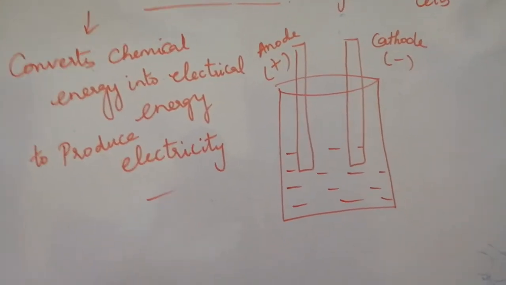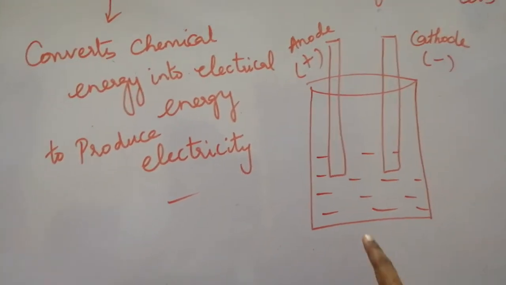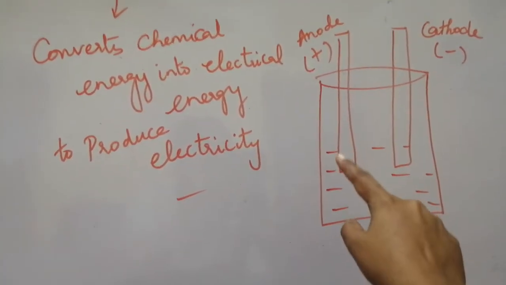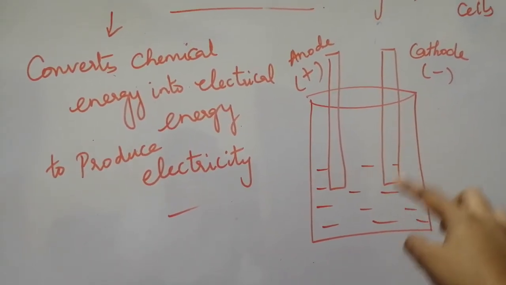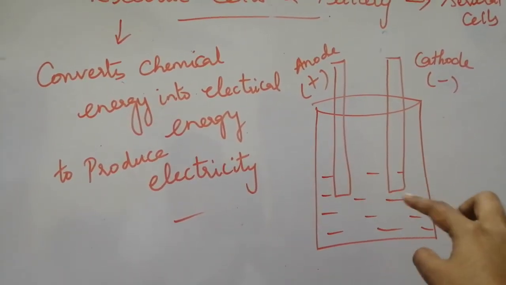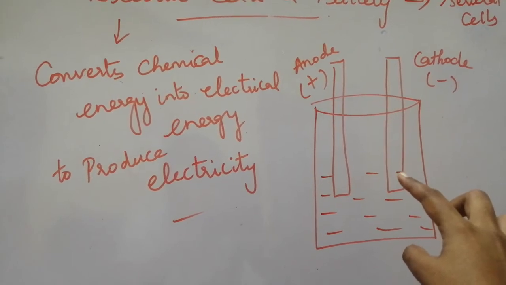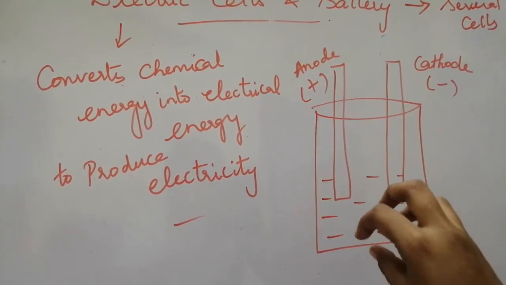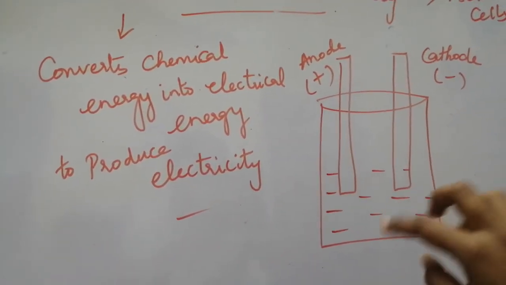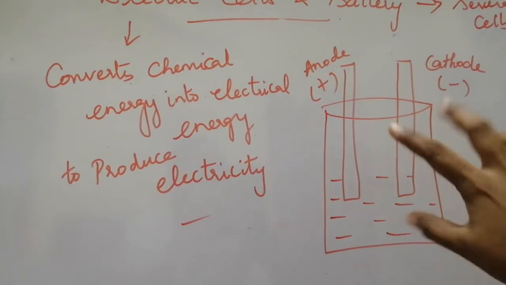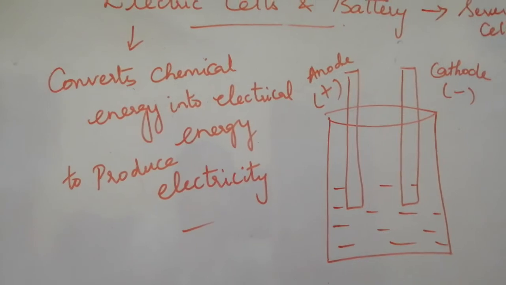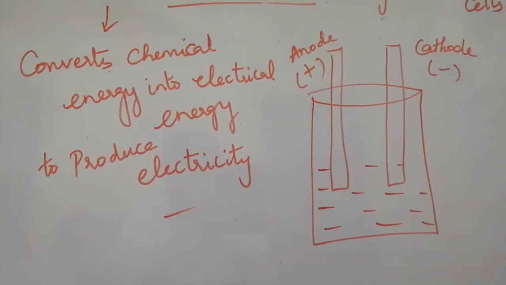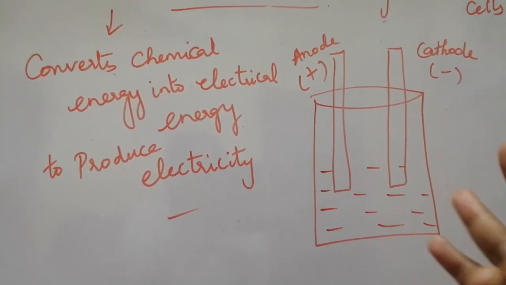You'll have one chemical solution, and from this chemical solution the cathode will be producing negative ions. As it has negatively charged particles, all the positively charged particles from the anode as well as from the solution will try to accumulate near the cathode, and similarly in the other case with the anode, all the negative ions will start to move towards the anode.